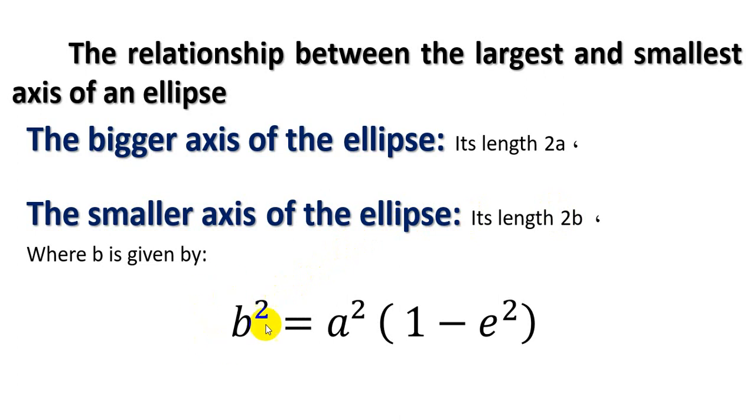It will be b square equals a square times 1 minus e square, where e is the eccentricity of the ellipse. We have to memorize this relationship. It's too important when you solve problems. The relation between b and a comes from e, and e comes from f over a. Okay.